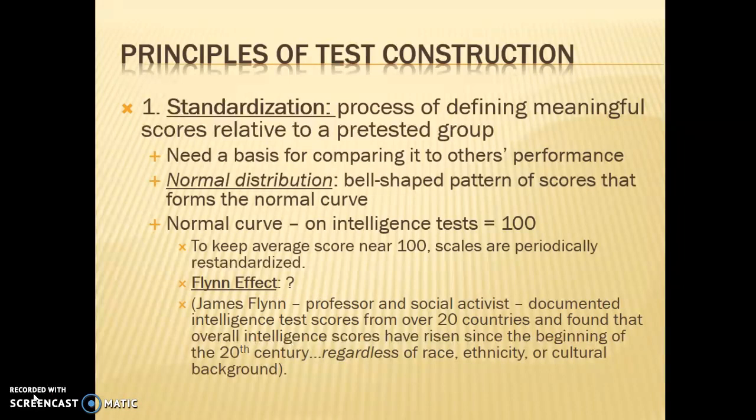Are people having better nutrition, which is leading to better cognitive ability? Is it more education, more stimulating environments? They're not entirely sure. But the Flynn effect is simply saying that people are performing higher on intelligence tests than previous generations. So that all comes back to this idea of standardization.